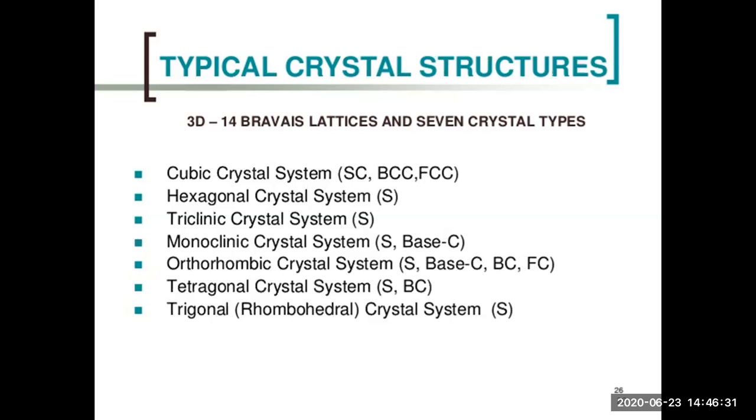Cubic, if you are just putting 90° among all these three lines, you will get a pure cubic crystal. And if you are making the angles different, you get hexagonal, triclinic, monoclinic and other types. The shape can be changed when you are changing all those angles. So you will get these types of crystals.